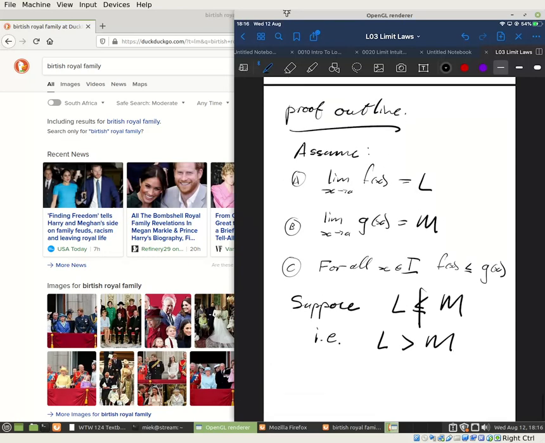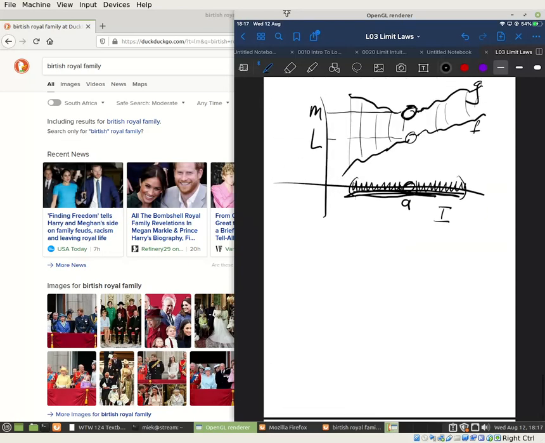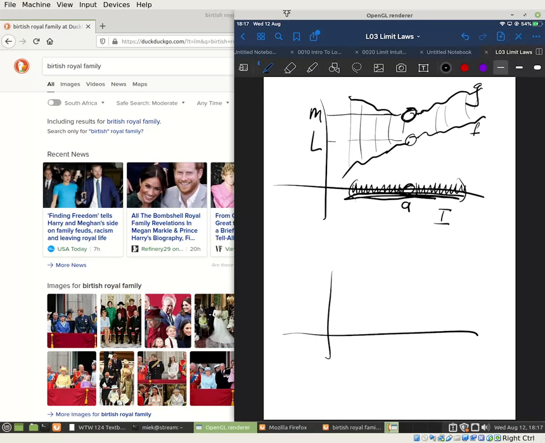Okay. So before we proceed here, let's go back up here and let's make a little drawing of what we are supposing.